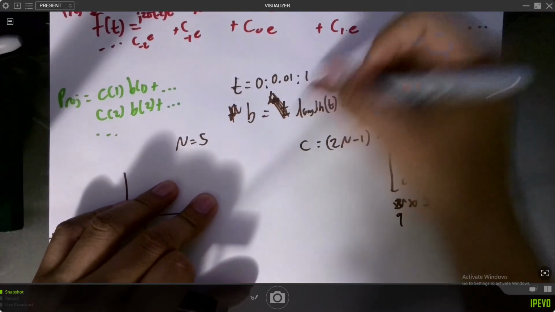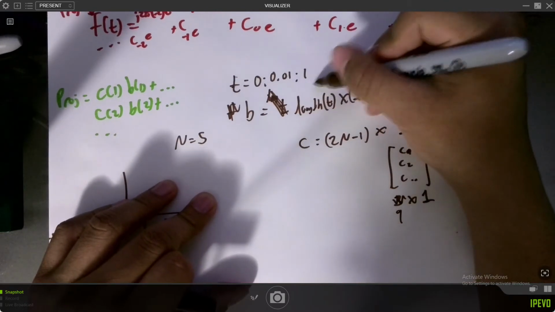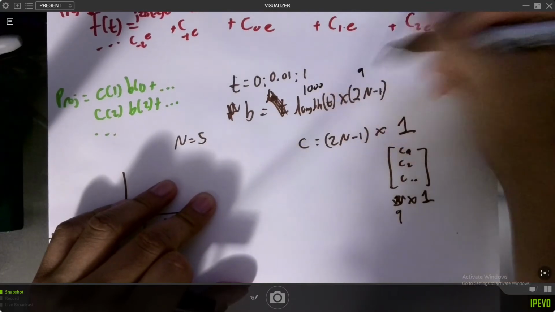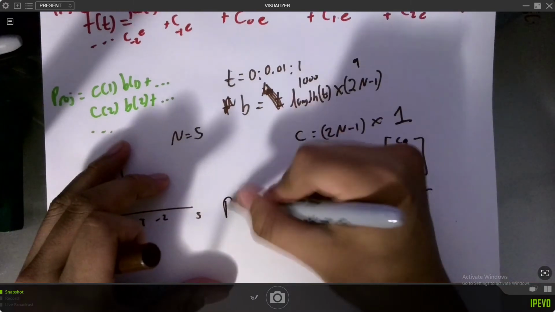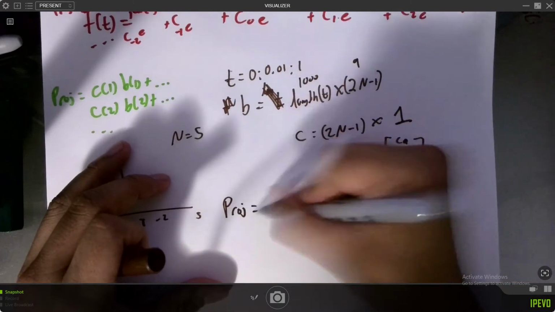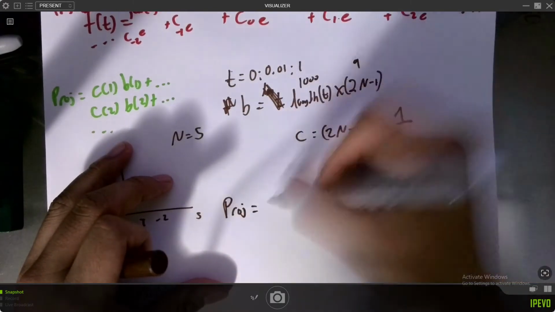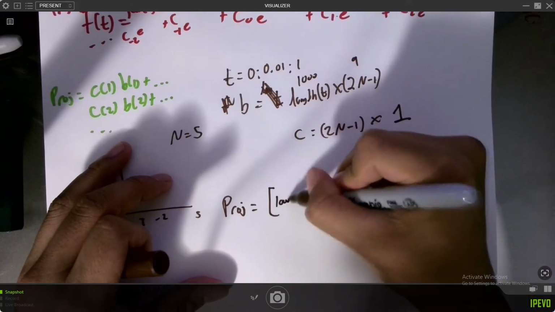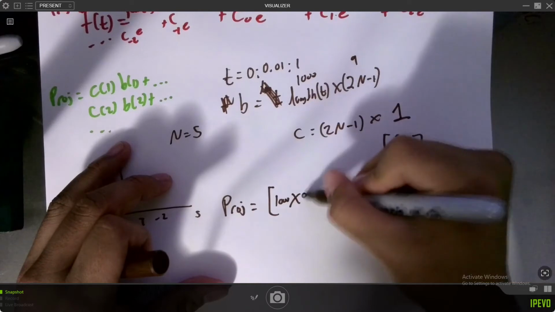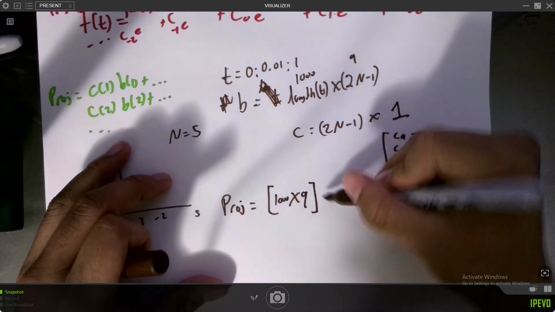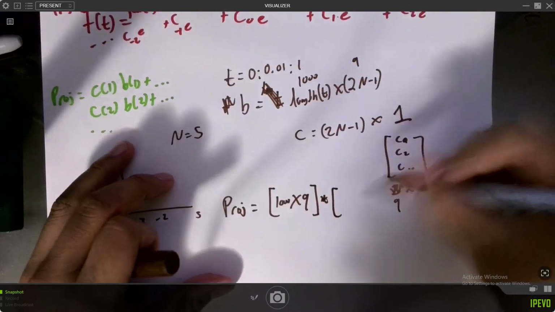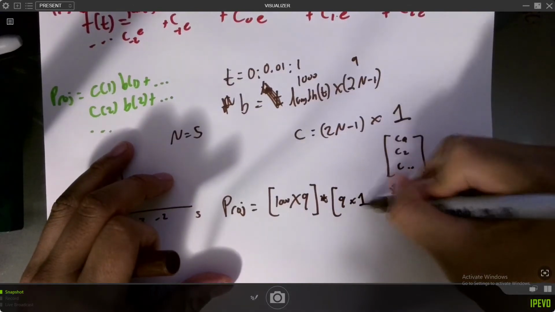and then this would be, let's call it, 1,000 points by 9. So your projection is equal to 1,000 points times our 9, and then you do the matrix multiplication, a 9 times a 1.